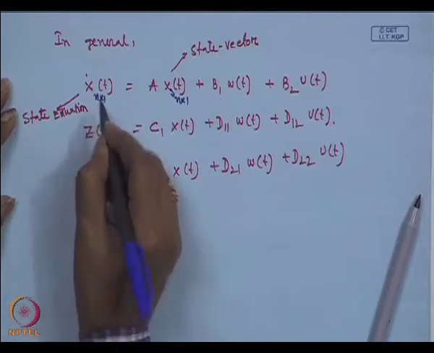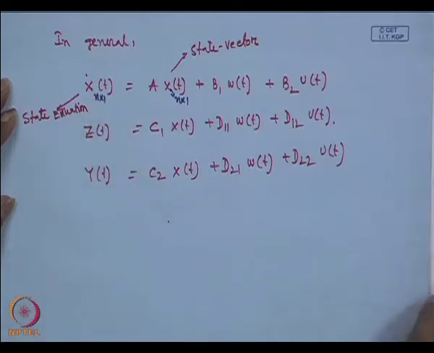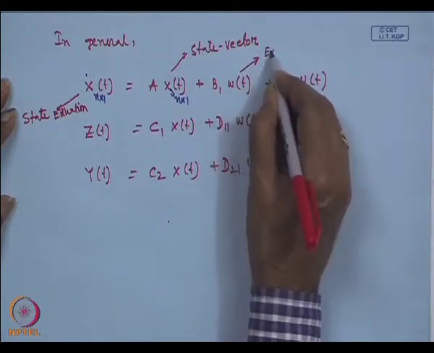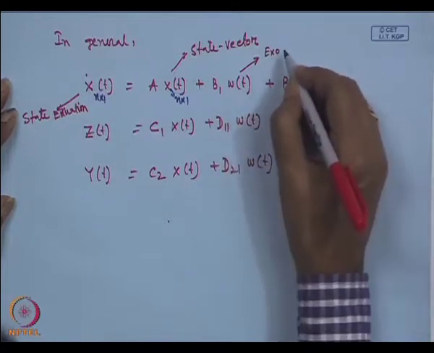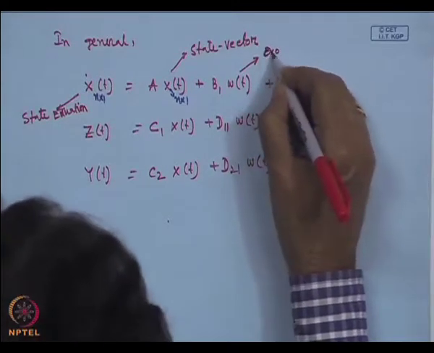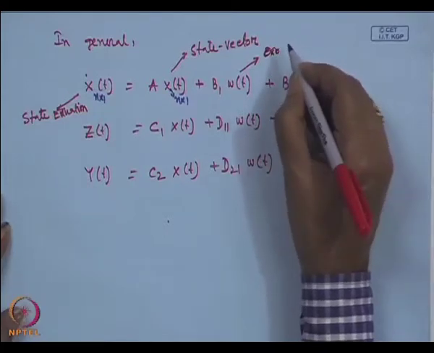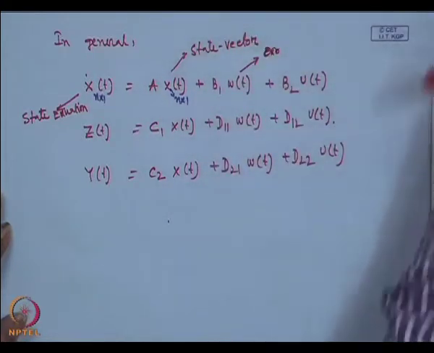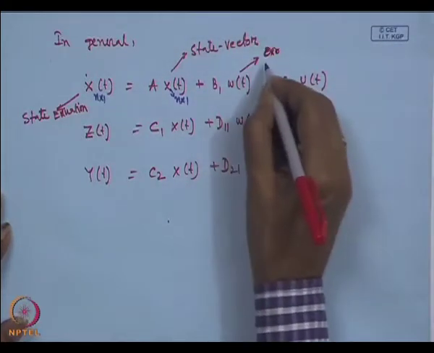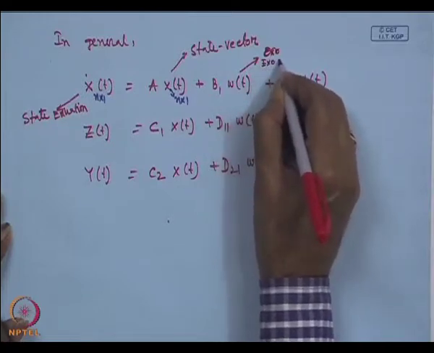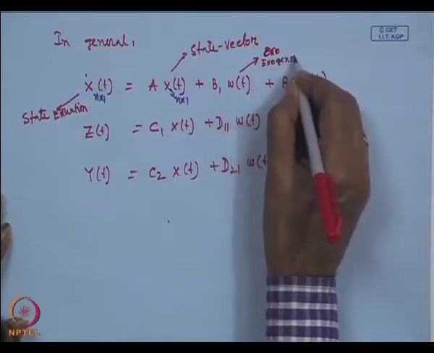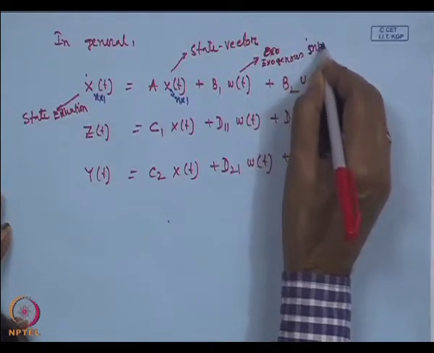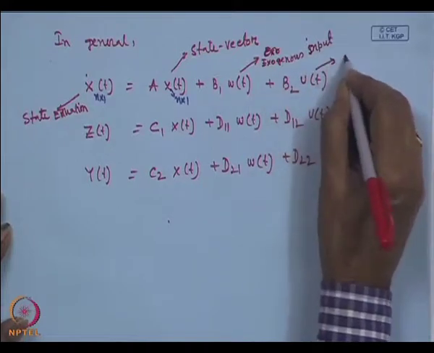This w is the exogenous input or signal, the part of the system input. This u is the input signal.